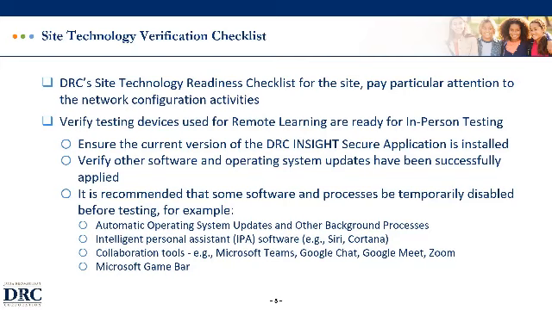You'll want to verify that they're running the most current version of the DRC Insight Secure application, that it's installed and up to date, and that any other software and operating system updates that would normally happen on your network are all taken care of. You don't want students coming in, plugging into the network for the first time in a while, and having a bunch of software updating. That is going to conflict with their testing experience. So we want to make sure all that is done on these devices in advance.